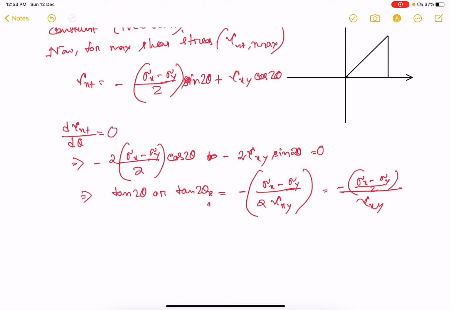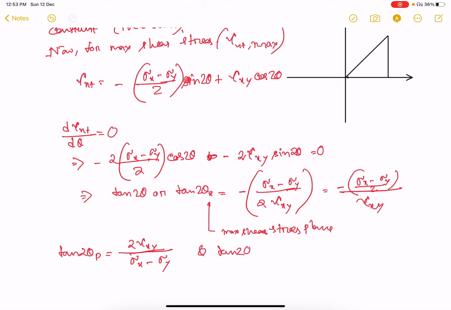And this is the maximum shear stress plane. You can see 2θp, if you remember this, you can remember that also, and 2θs is just the opposite: the negative reciprocal.